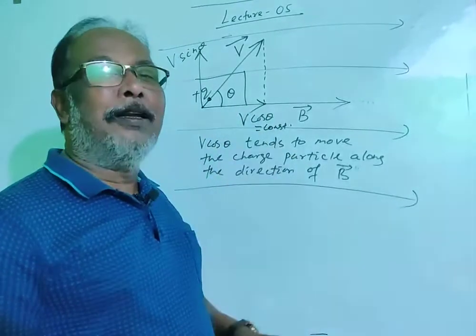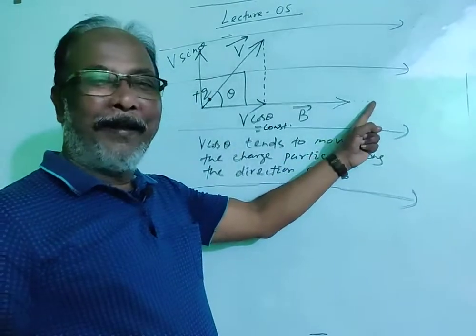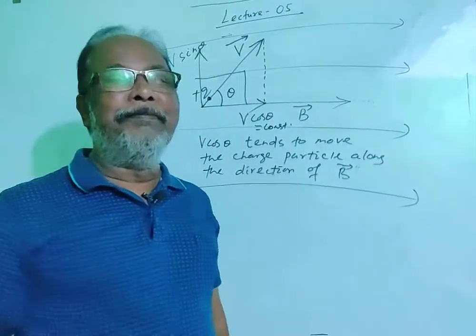So v cos theta tends to move the charged particle along a straight line, along the direction of magnetic field.